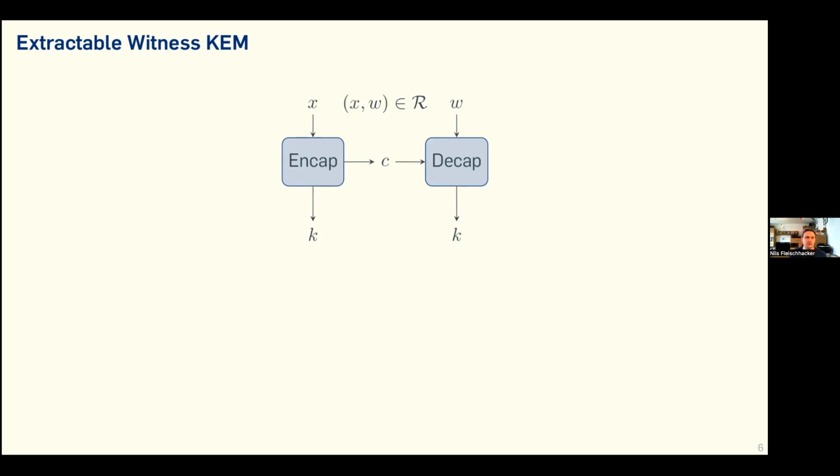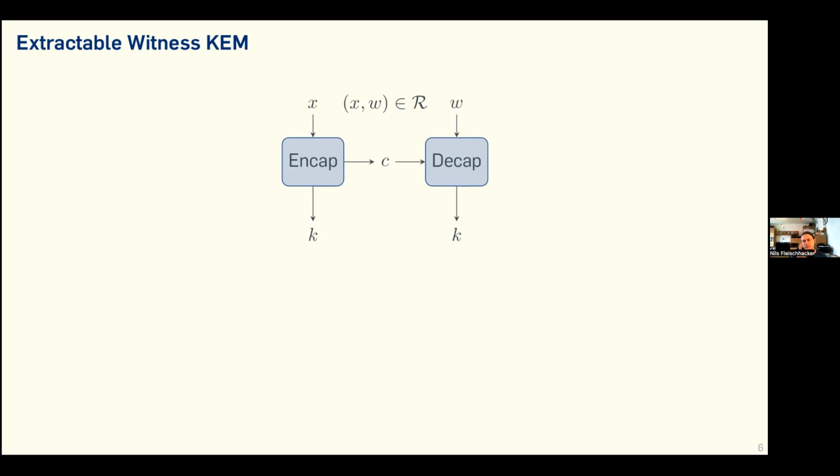Essentially, here, it's a witness KEM. So we have an encapsulation algorithm. The encapsulation algorithm, instead of an encryption algorithm, does not get a message as input. Instead, it only gets as input the statement, and then it outputs a ciphertext as well as a key. The key can be thought of as just a short message that is created randomly, essentially.